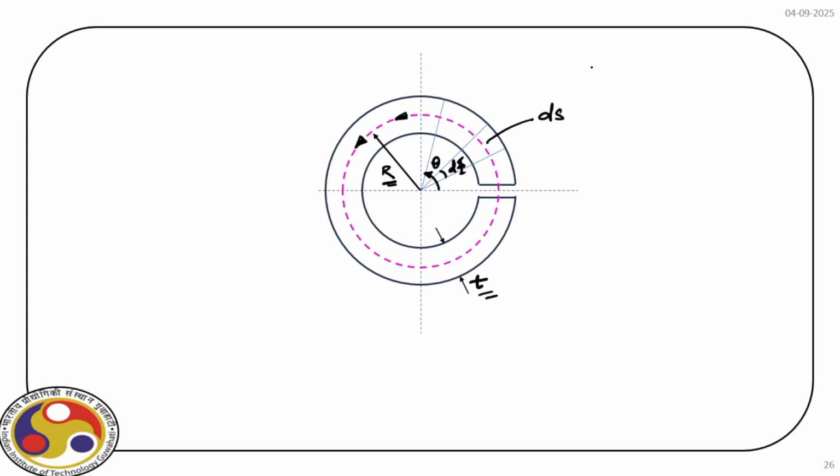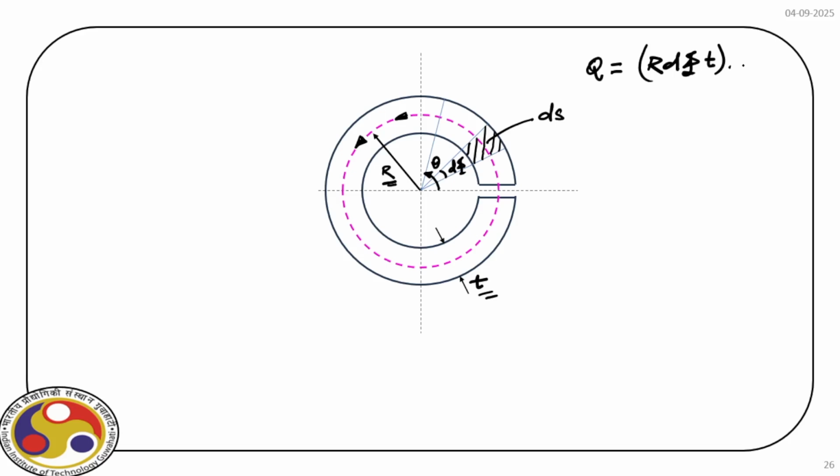Now, we can find out what is Q. Q for this case is r d theta, d phi times t, which is basically the area of this small wedge that we consider, and we have to multiply it with the CG of this section with respect to our reference axis.